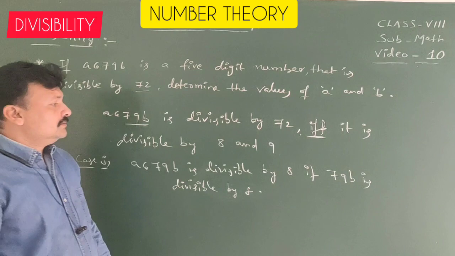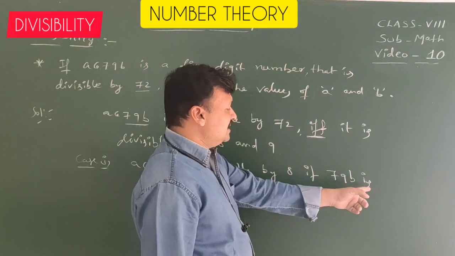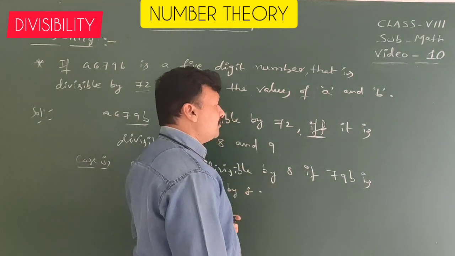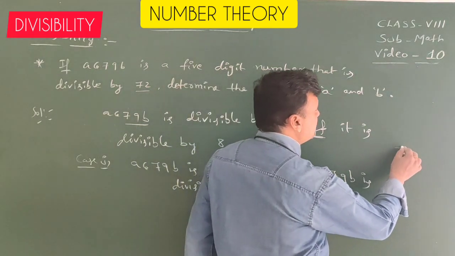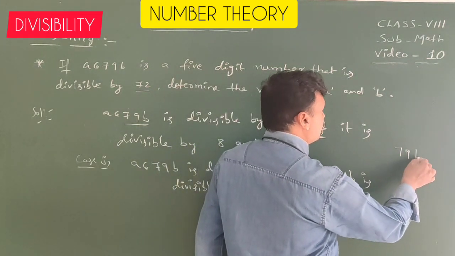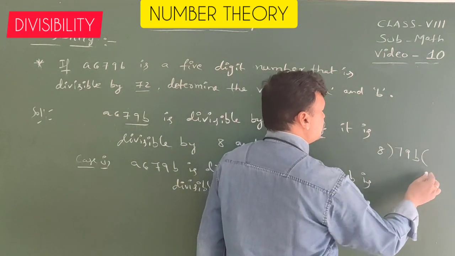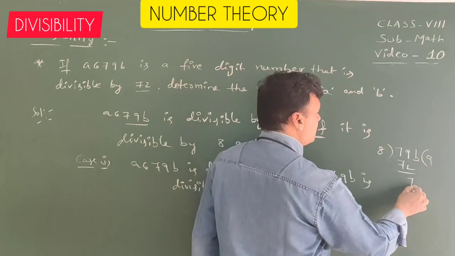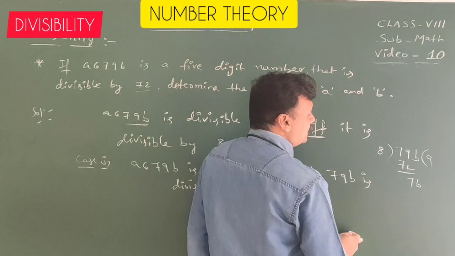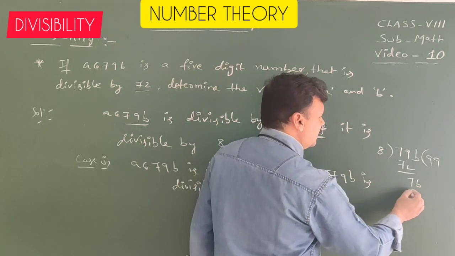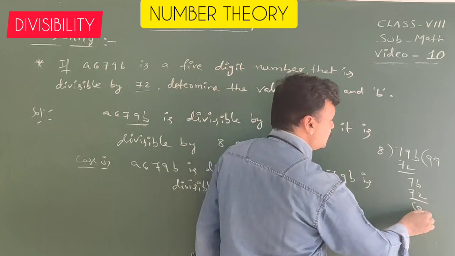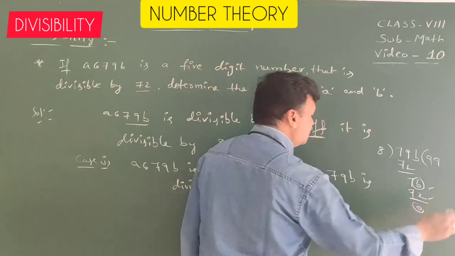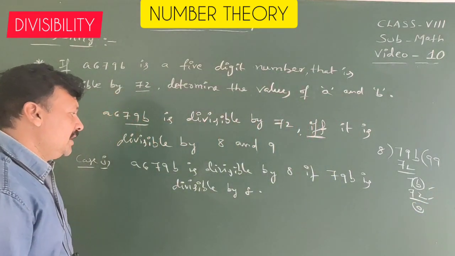Now, if 79B is divisible by 8, then the number is divisible by 8. What is the possibility for 79B to be divisible by 8? Once again we need to check: 792. Instead of B, if 2 is given, then it is divisible by 8.